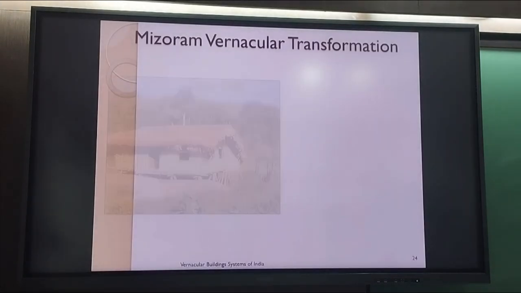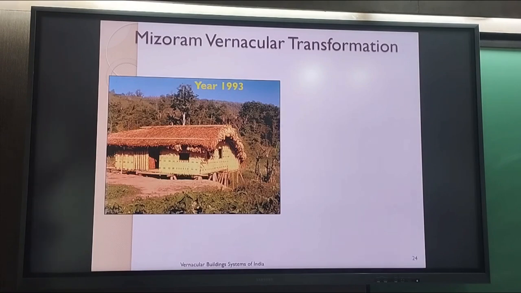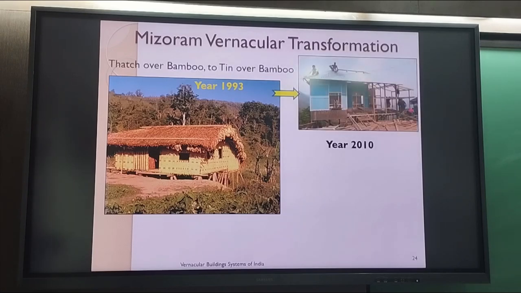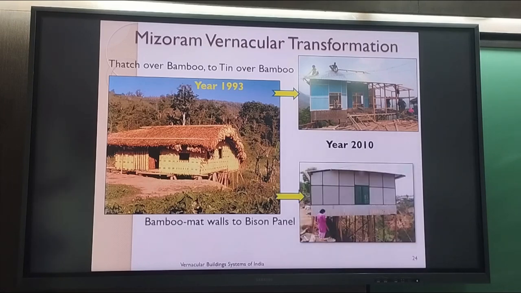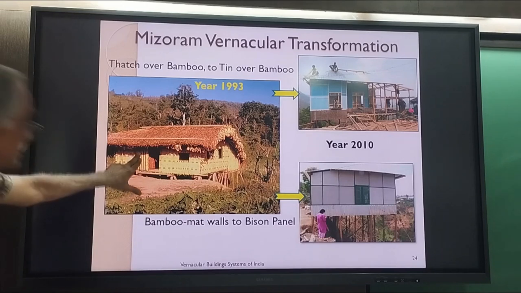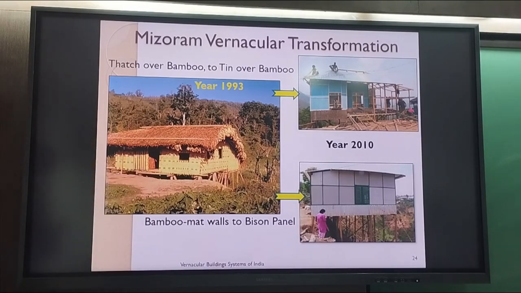All right? Mizoram. Again, very similar to Arunachal. Back in '93, there was a lot of this kind of thing. 2010, from thatch over bamboo, we moved to tin over bamboo. And instead of bamboo mat walls, you have bison panel walls.